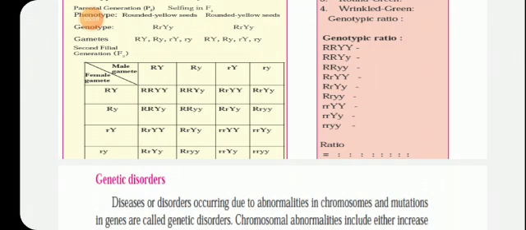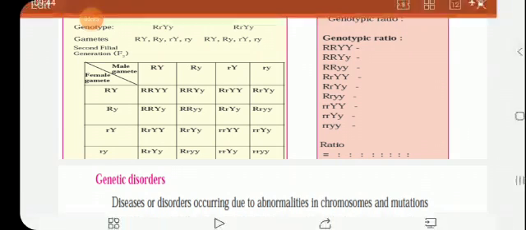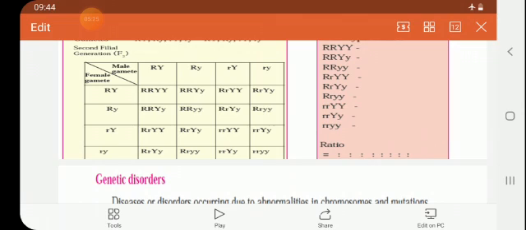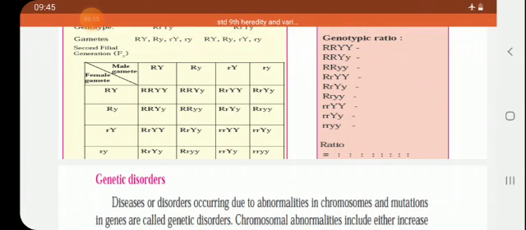The last one of the third column is capital R, capital R, small y, small y. Then the third one, capital R, small r, capital Y, capital Y. Capital R, small r, capital Y, small y. Small r, small r, capital Y, capital Y. Small r, small r, capital Y, small y.